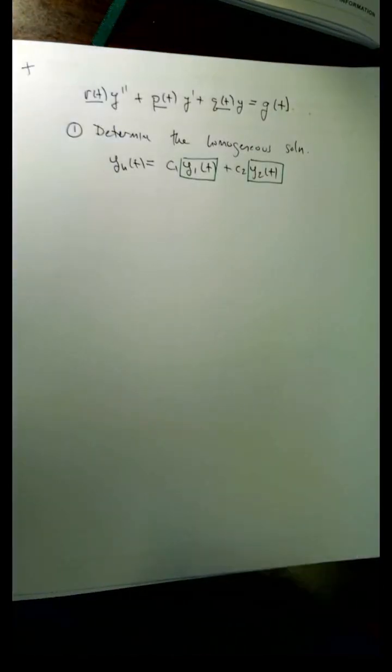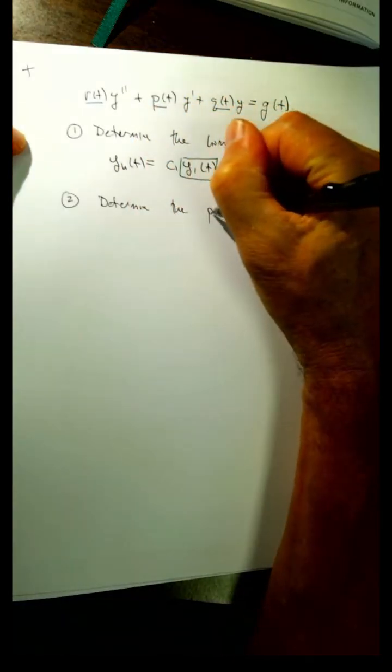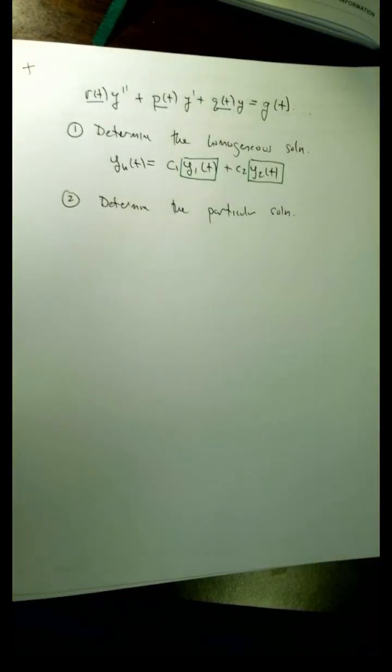Okay, and then for the second step, just as before, we're going to determine the particular solution. And now this is where it's going to be a departure from what we've done before.